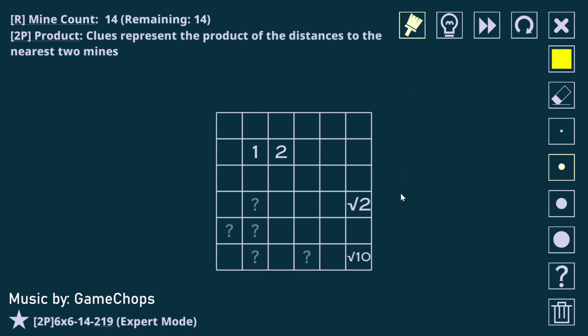It's also possible for root 2 and root 5, so something like this also works. So it could be either that, which, oh, smiley face, or it could be that. And I guess we don't know. Although I guess this would actually fulfill the root 2 very well. It's not the only way though.